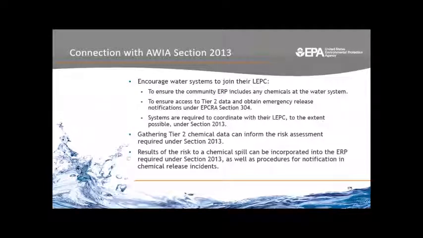And remember that systems are required to coordinate with their LEPC to the extent possible under Section 2013. And overall, becoming part of the LEPC would make it easier to obtain the Tier 2 information. Knowing who is part of the LEPC, how to obtain that information, having a name, having contact information, makes it easier to obtain the Tier 2 data. And it also helps to ensure they get emergency release notification under 304 that may affect their water systems.